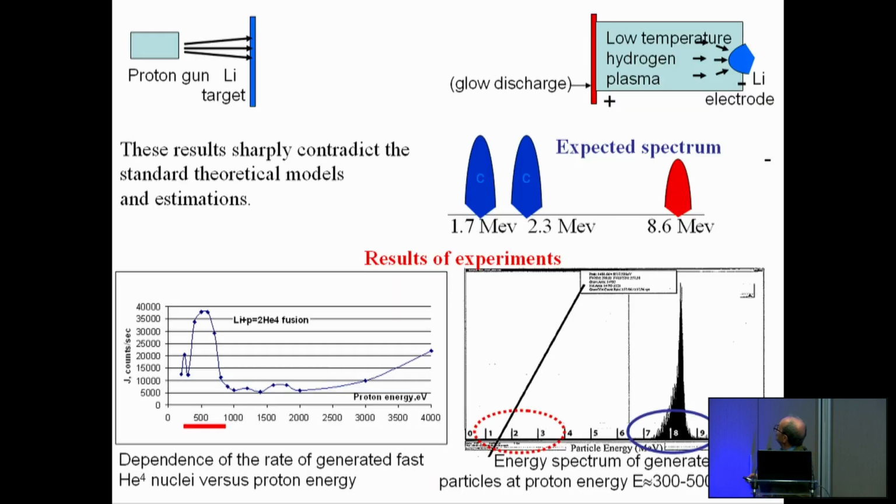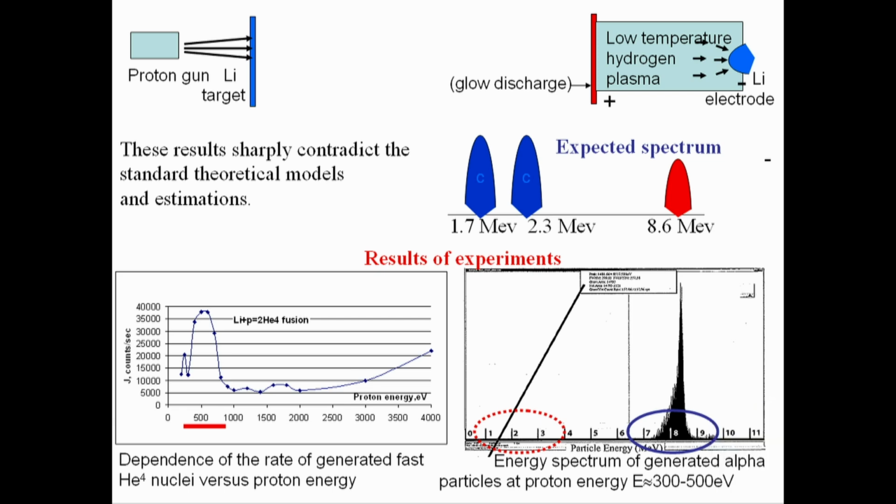So let's consider the experimental results. Very, very strange. Once more: two kinds of experiment, the expected spectrum, and what are the experimental results? First, the local maximum of particle release was at an energy of about 500 electron volts. Then it decreases, and also very slowly increases to the standard value at about 30 to 50 kiloelectron volts, but it's a very intensive peak.